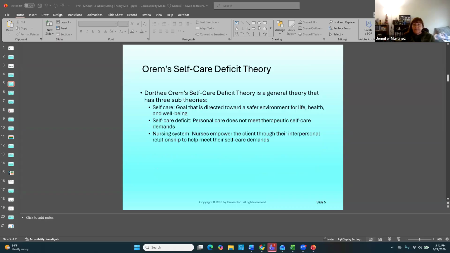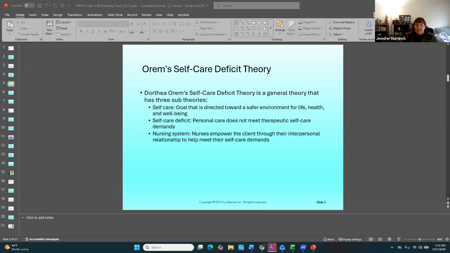So self-care, this is a goal that is directed towards a safer environment for life, health, and well-being. So ideally, people learn to respond to health cues in themselves or within the environment, as a way to maintain personal health, right? So we can respond to changes within ourselves, to make necessary adjustments to maintain health.